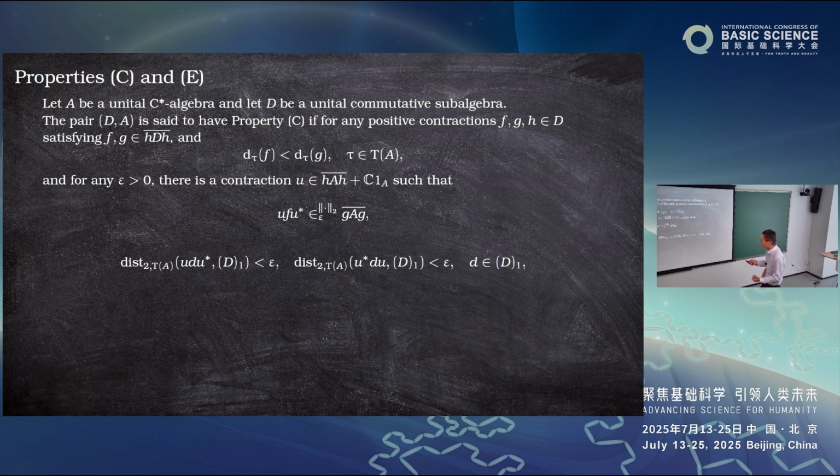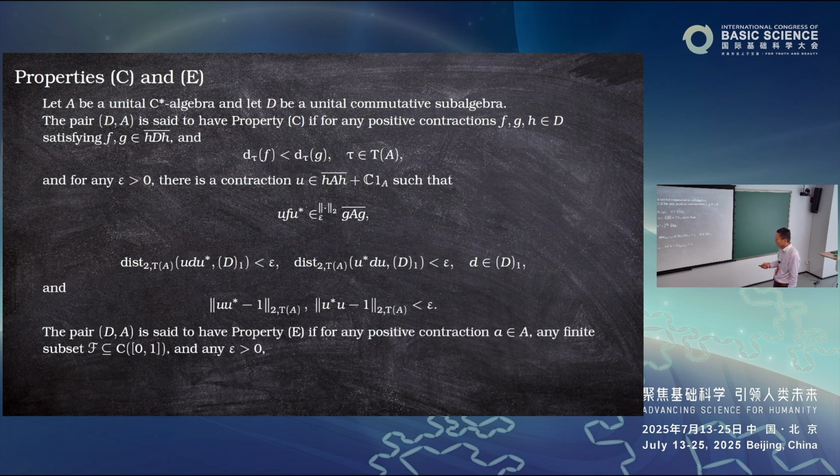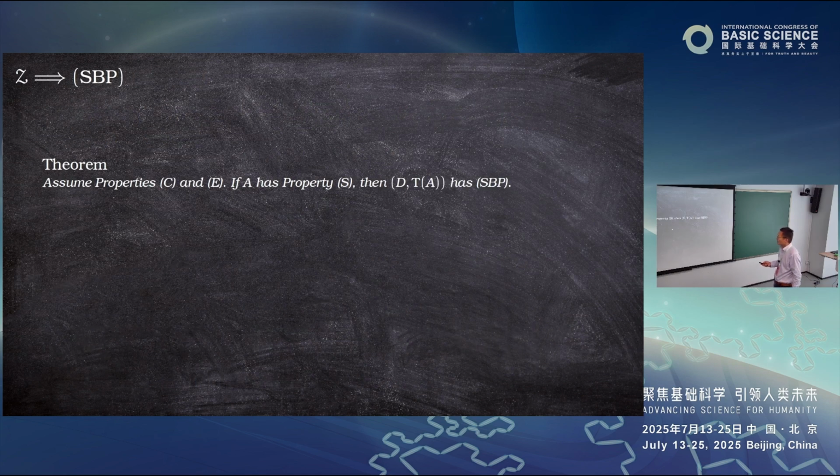So we call them almost normalizers. Property C really talks about a relative comparison property, but using almost normalizers. And then the other property, property E, is an existence property, which says that whenever you have some element inside the big algebra, you are able to find something in the commutative subalgebra so that they almost induce the same trace map. Then with these two properties, we can fix the problem.